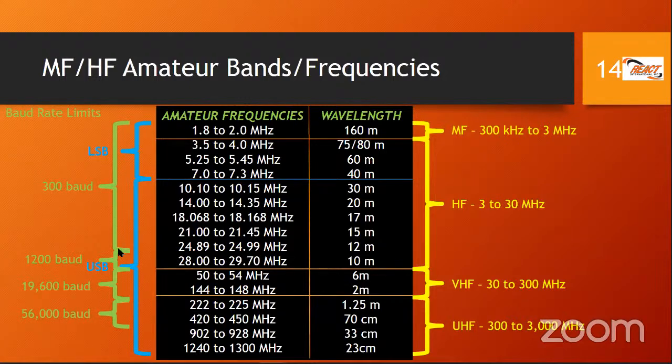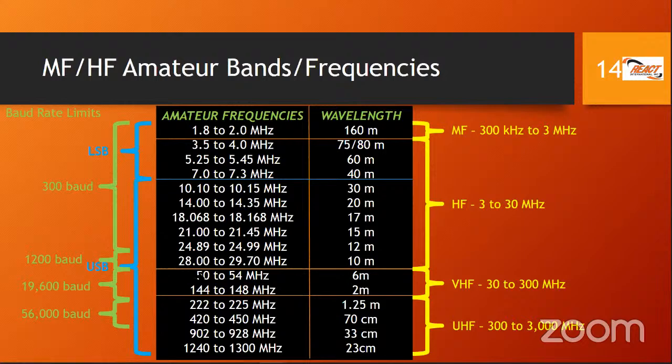We have just added the baud rate limits to the various pieces of the spectrum so you can get a visual representation. On all of these lower frequencies in the MF and HF, from 1.8 megahertz all the way up to just below 28 megahertz, you're allowed 300 baud. On the 10 meter band, you can do 1200 baud.